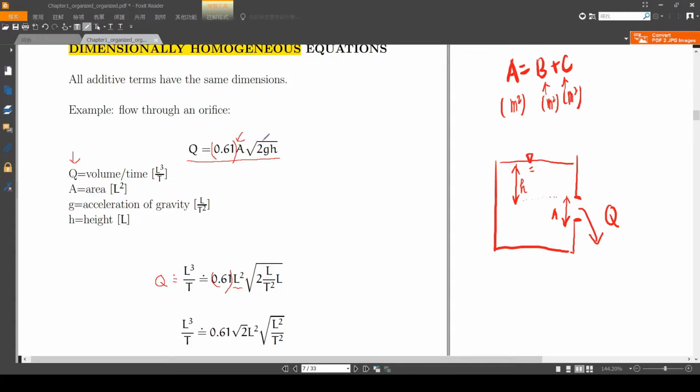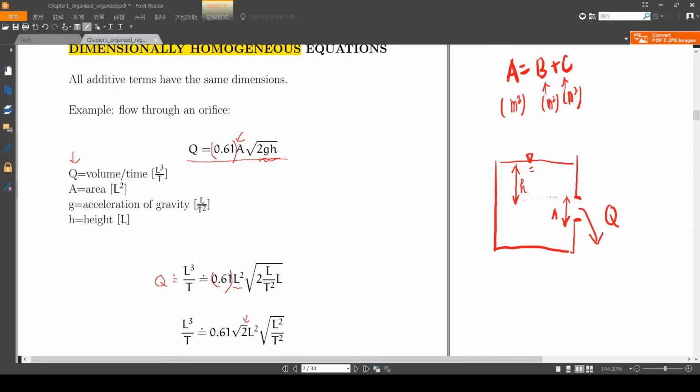And the square root 2 has no dimension, so we just put it outside the square root, and then you will get here the G and H, right? G is the acceleration of gravity.